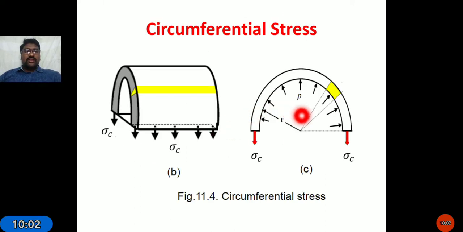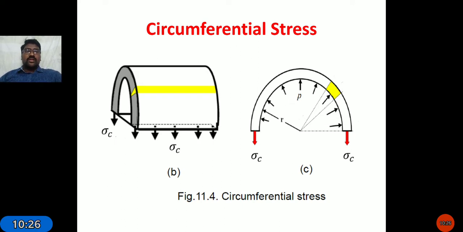Here P is the applied fluid pressure. Due to this applied fluid pressure, the material offers some resistance, which is the resistance force. Now, whatever the amount of pressure applied on the material, the same amount of reaction force is developed in the material.